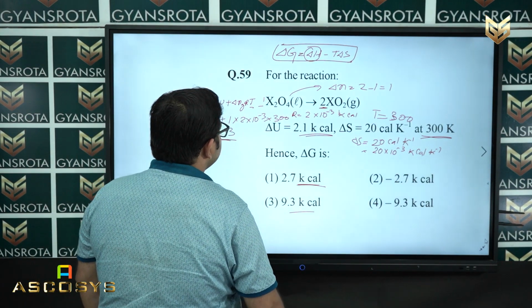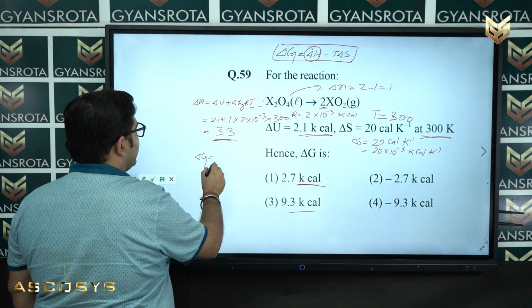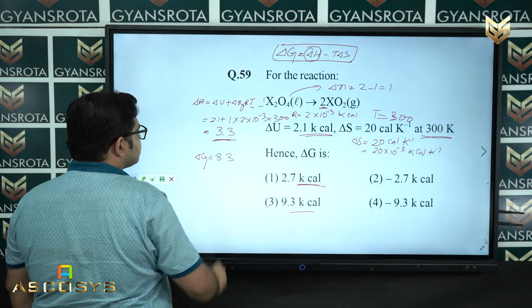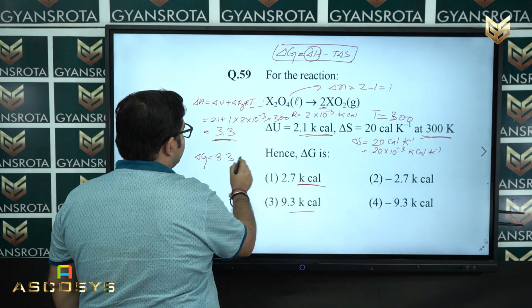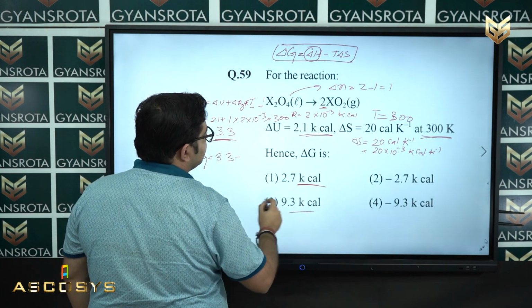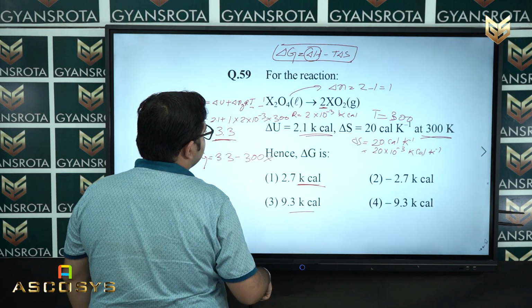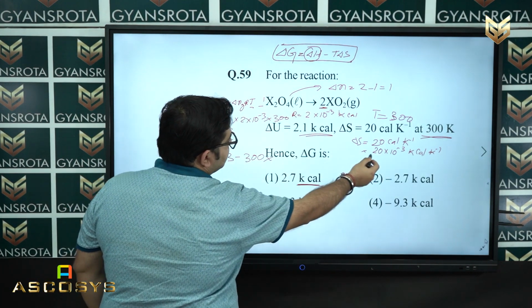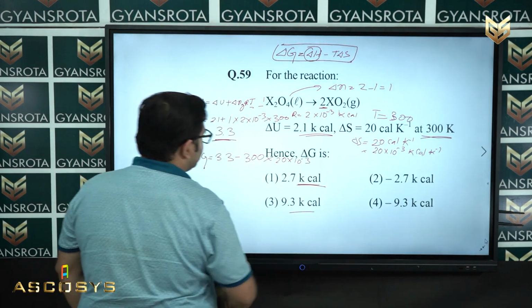Now, substitute in delta G. Delta G is equal to delta H, which is 3.3 kilocalorie, minus T. What is the value of T here? T is 300, and delta S is 20 into 10 to the power minus 3.